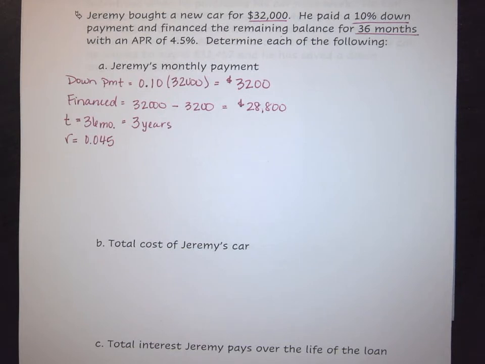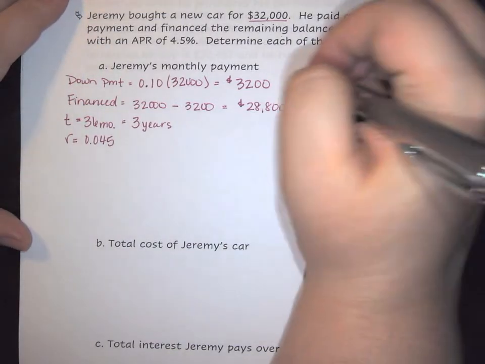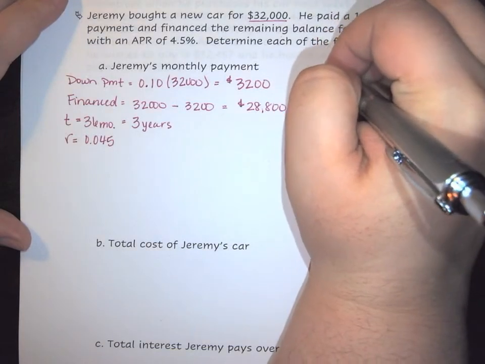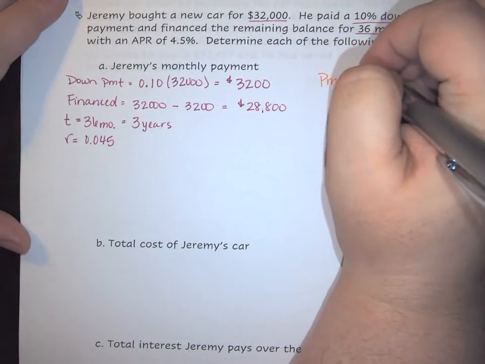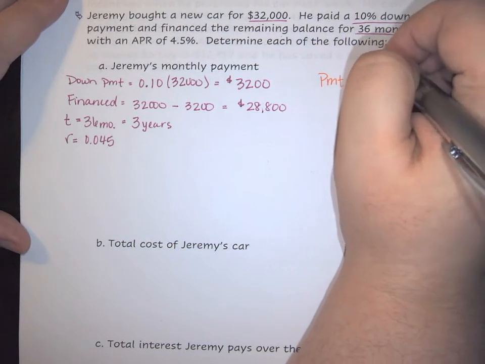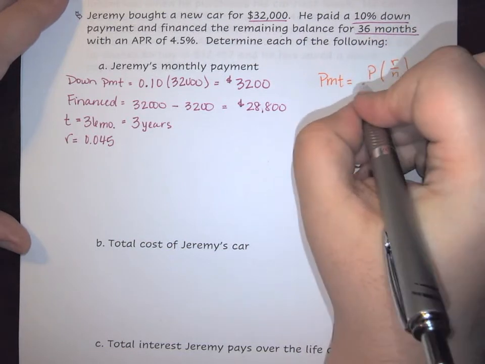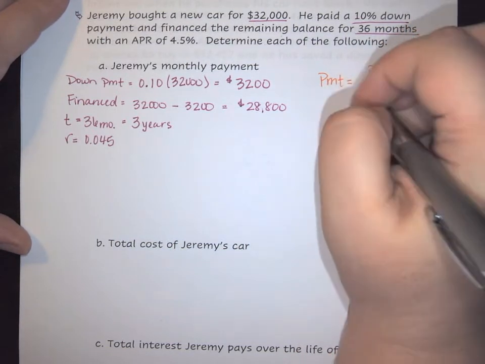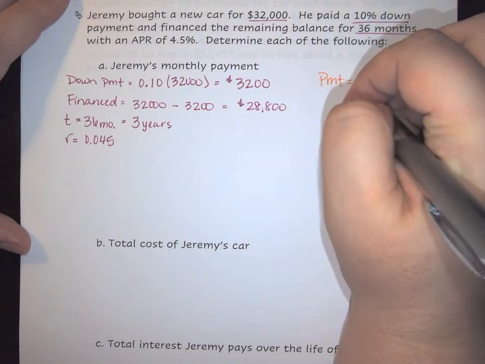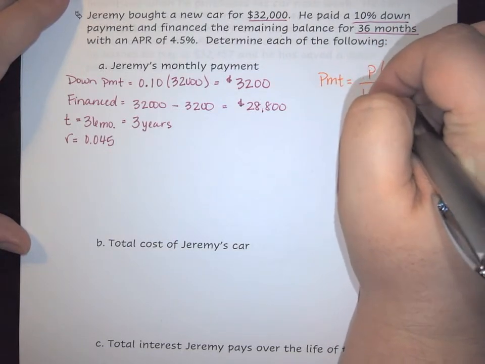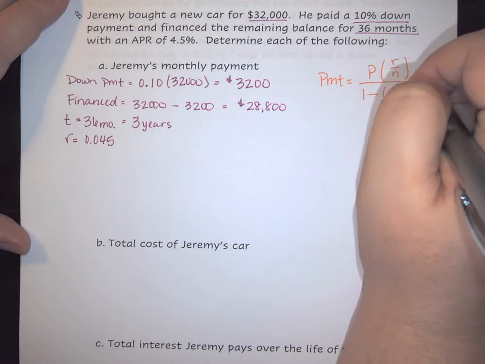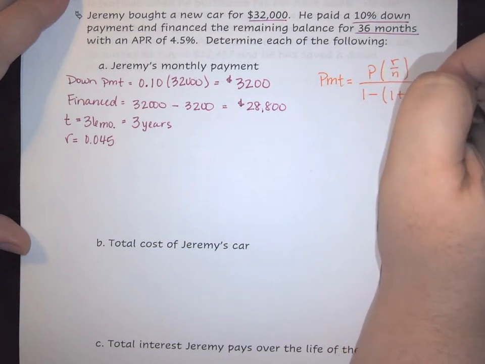So with that, we can start working into our formula. Okay. So the formula we have is payment is equal to P times R over N, divided by 1 minus 1 plus R over N to the negative NT.